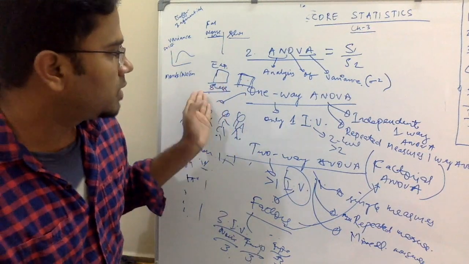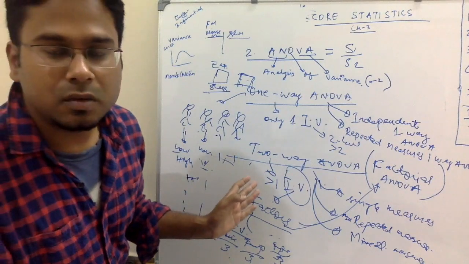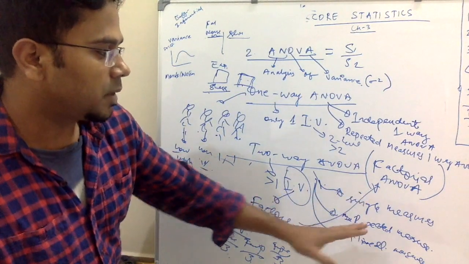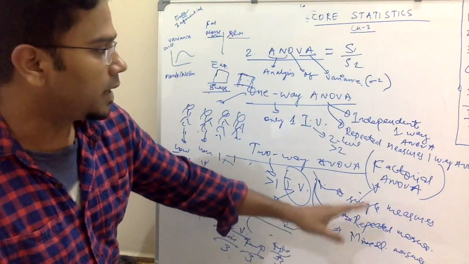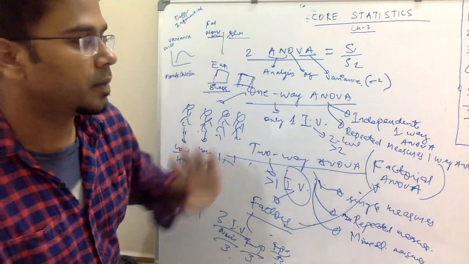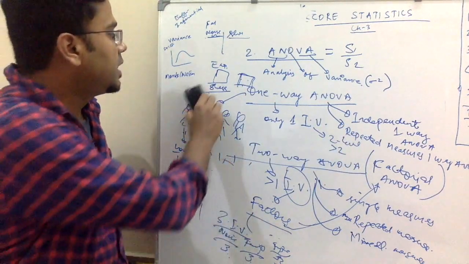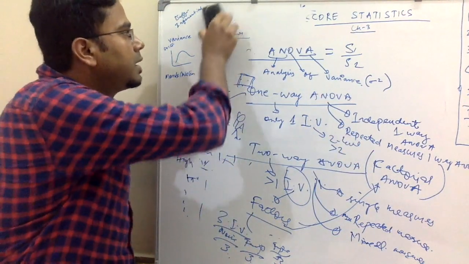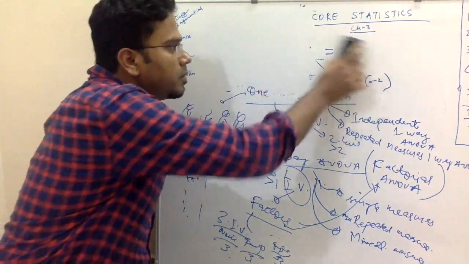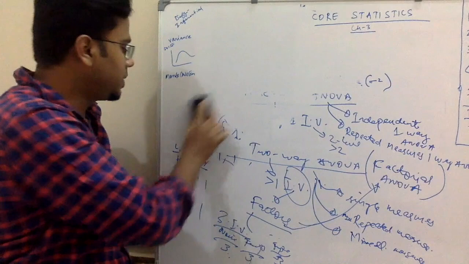I have given you what it is. You can give the examiner where it is used. You know what is single measure, repeated measure, mixed measure, right? In two-way ANOVA and one-way ANOVA, you know what is independent and repeated measures. Okay. If they ask anything beyond this, tell them that you don't know, and write in the copy that none of the other people will also know. So it doesn't make a difference.